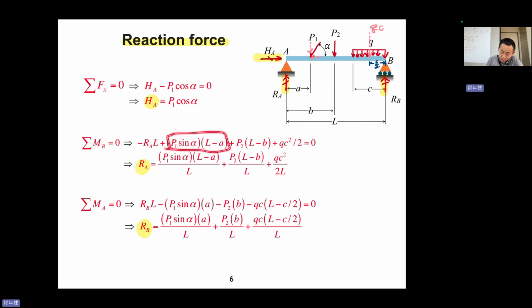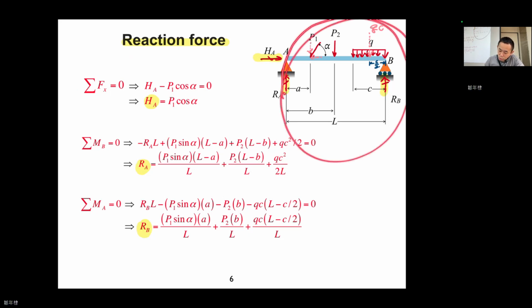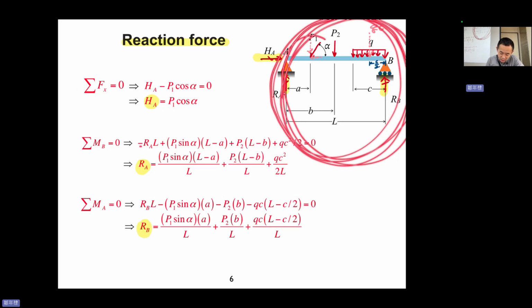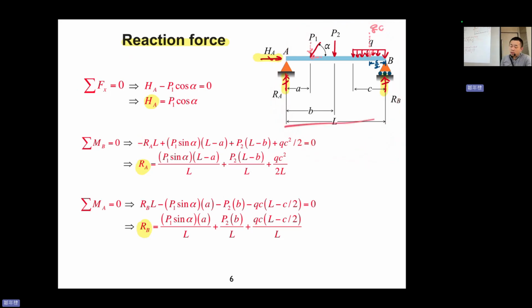So third contribution, okay? And the final one, RA, RA is rotate about the B clockwise. So it's minus RAL. So all you need to do is just do the force moment balance, and you can get RA equal to blah, blah, blah, blah, blah. All right.